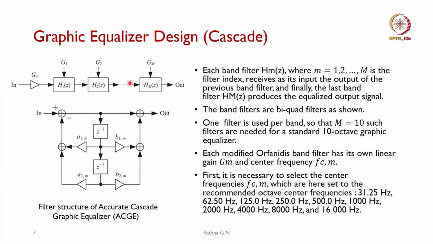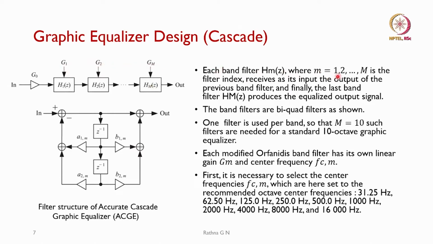It can be 1 octave or 1/3 octave that you can select. If it is 1 octave it is 10 equalizers, and for 1/3 you know that you need 30 equalizers basically, and for each one the gains can vary from G1, G2 to Gm basically.